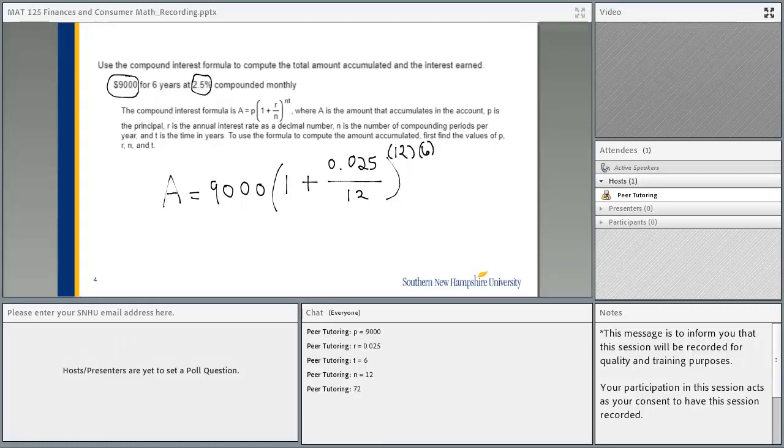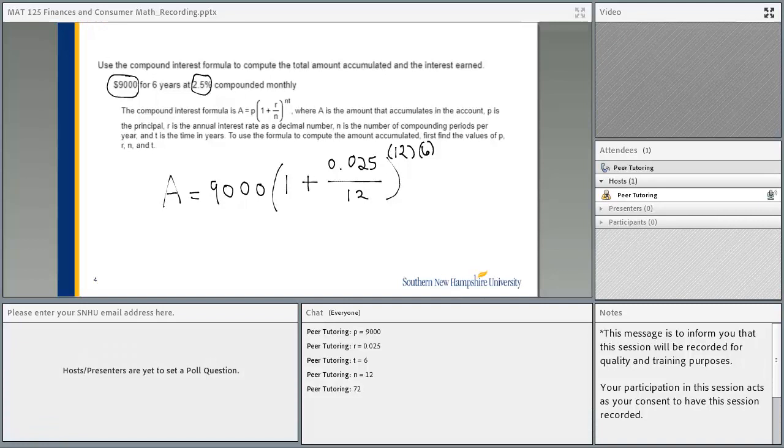So 12 times 6 is 72. Take a second right now, and I'm going to do the same, to write down this expression. So A is equal to 9,000 times the quantity 1 plus 0.025 divided by 12, all raised to the 72nd power.